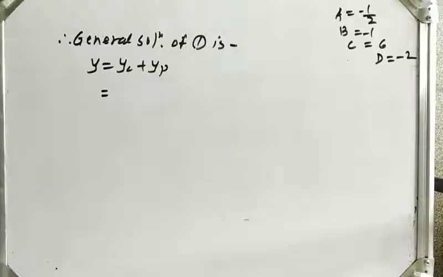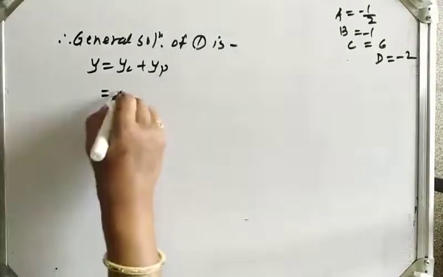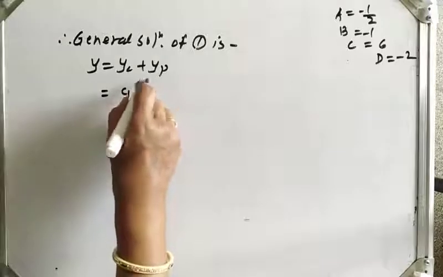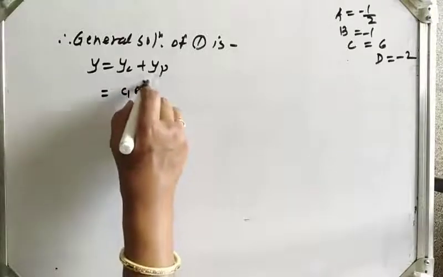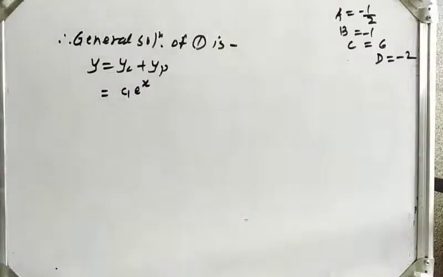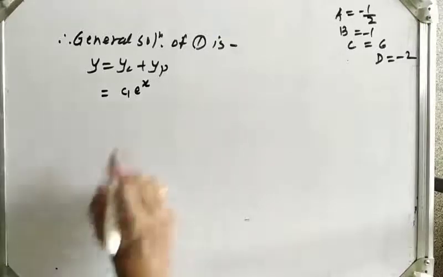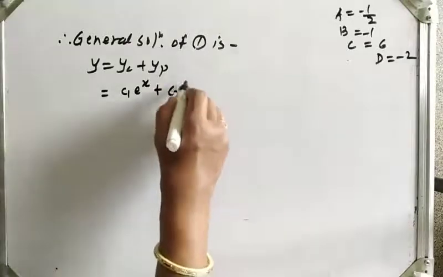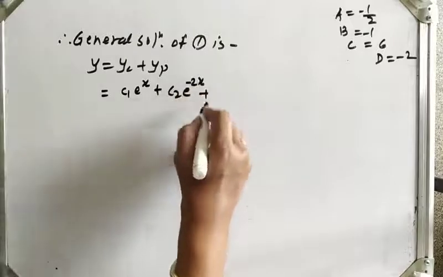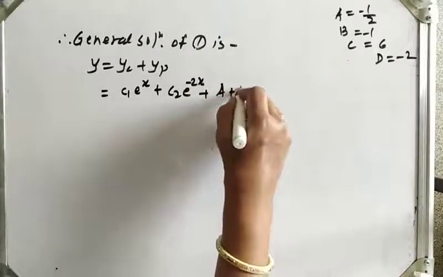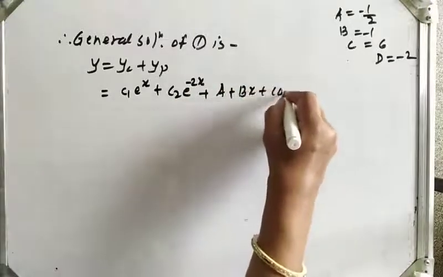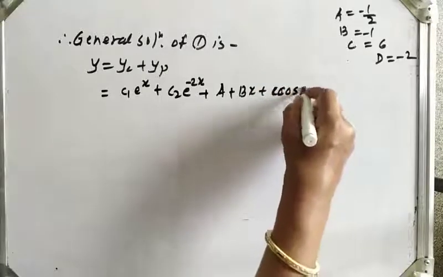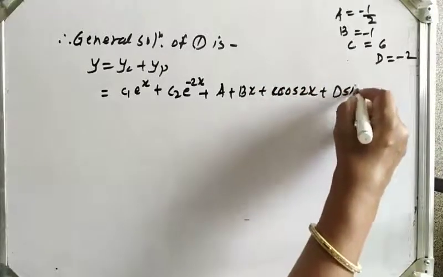Our m was 1 and minus 2. So from that our yc was c1 e raised to x plus c2 e raised to minus 2x, and our yp was a plus bx plus c cos 2x plus d sin 2x.